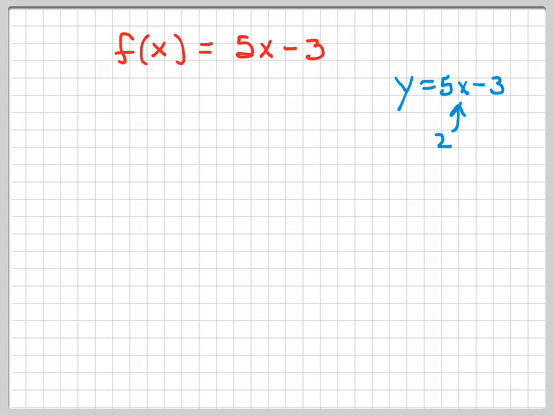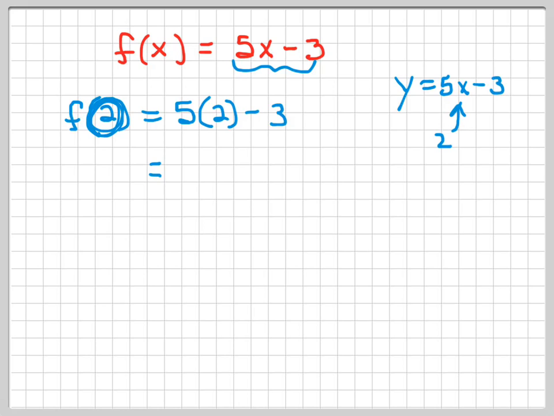In function notation, we ask the same question differently. We just say, what's the value of function f when x is 2? We read that as f of 2, and to find f of 2, we just go equals, and we copy what the function is. It no longer has an x inside the parentheses, it's now a 2, so x gets replaced with a 2, and f of 2 is 10 minus 3, or 7.